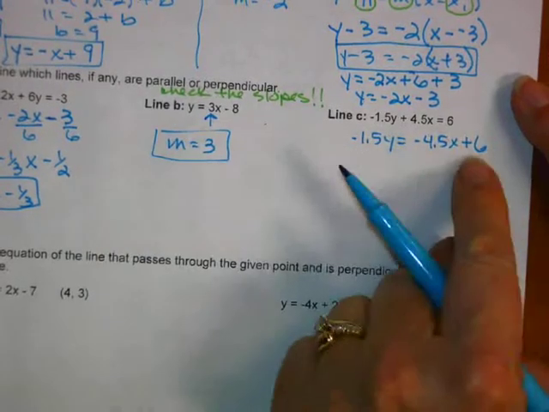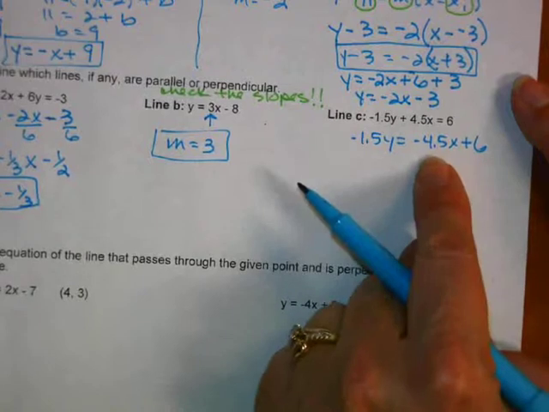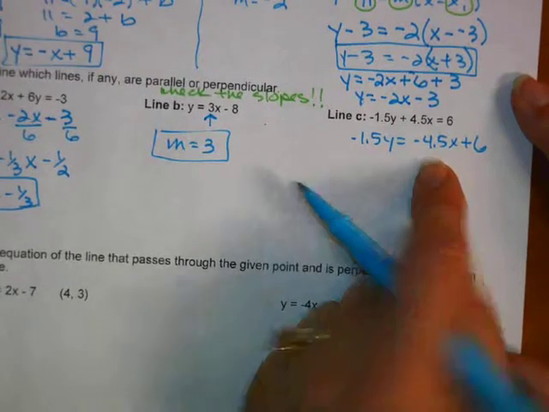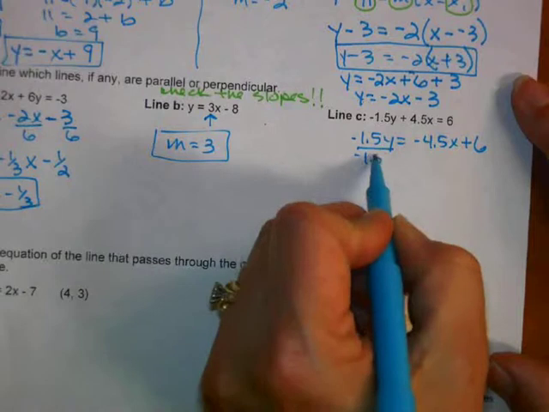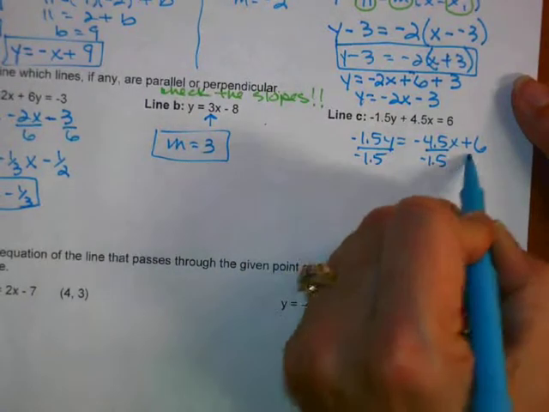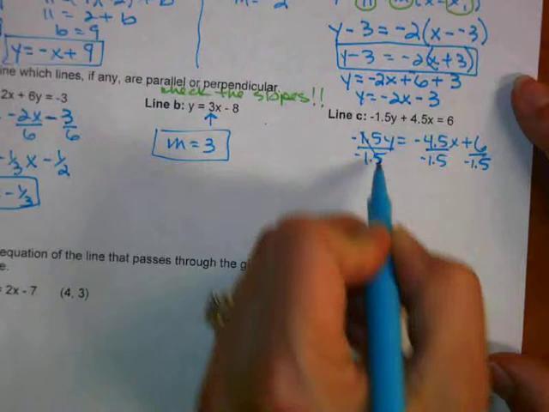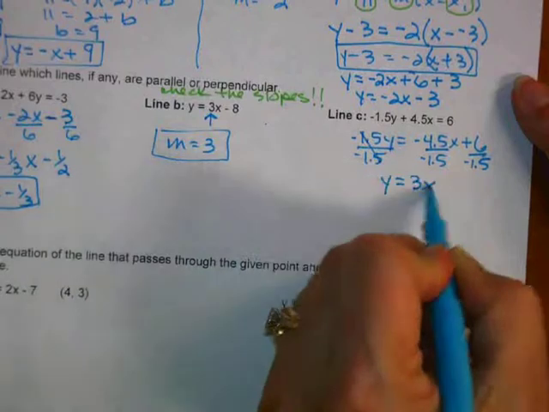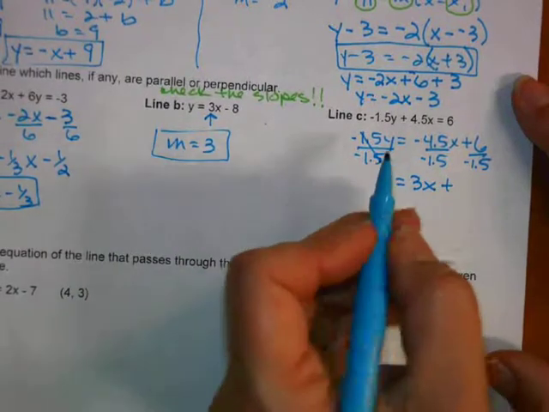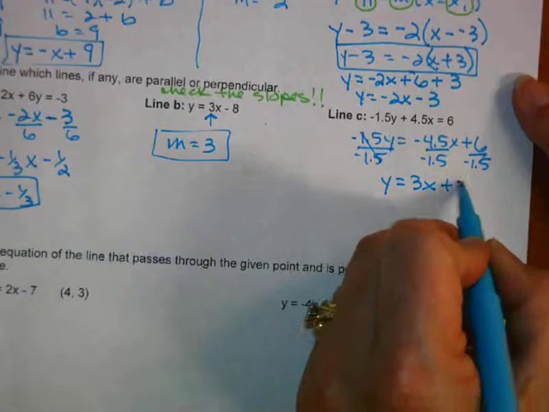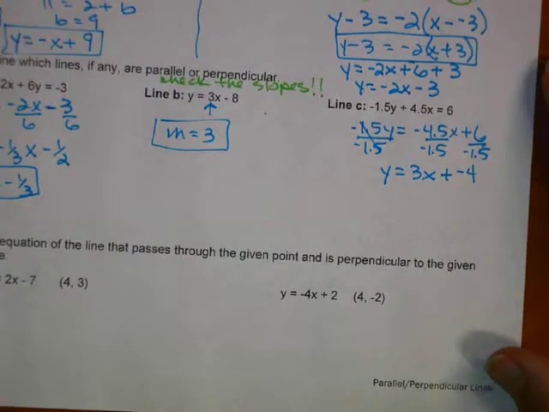It doesn't matter what order you write this in. I don't care. If you did 6 minus 4.5x, that's fine. Divide by negative 1.5. 3x plus a negative 4 or minus 4, whatever. What's the slope here?